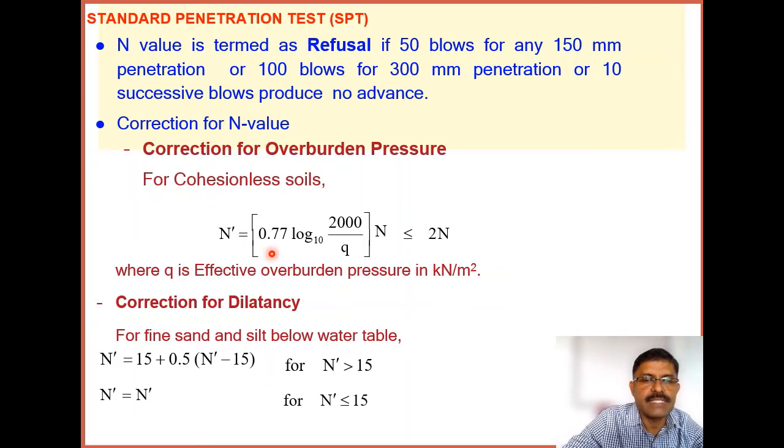The corrected N is given by this equation, provided it should be less than or equal to 2 times N. N is actually the value which is obtained from the field, and the correction is applied later on. Q is the effective overburden pressure in kilonewton per meter square. If there is water table, a correction called the dilatancy correction is applied, for the case of fine sand and silt.